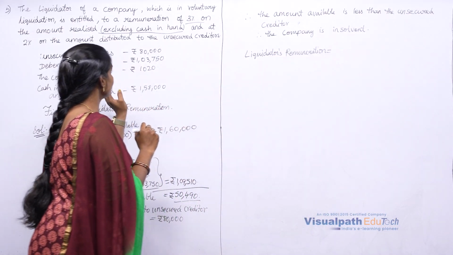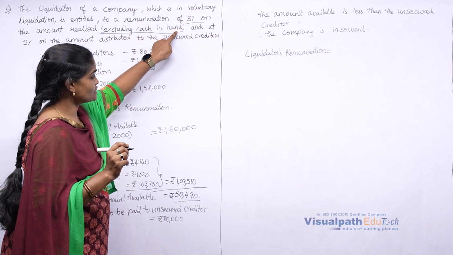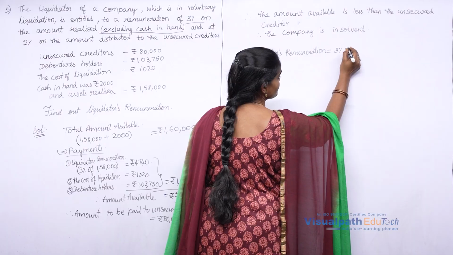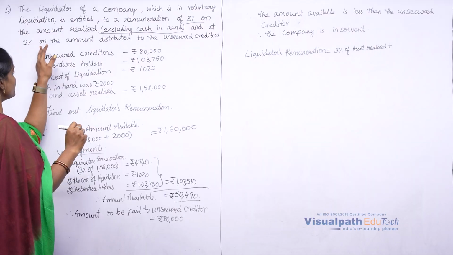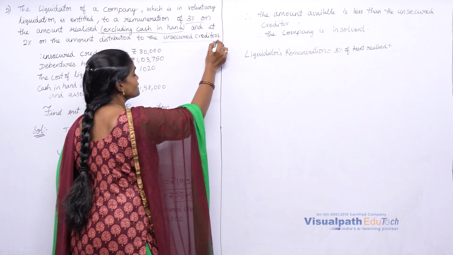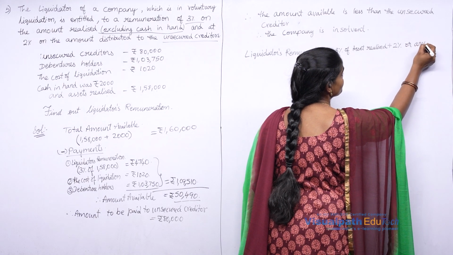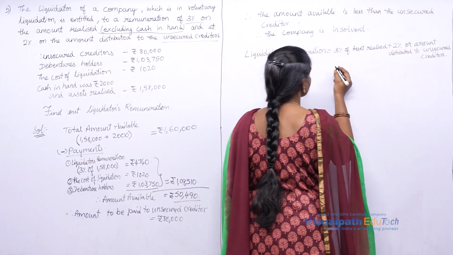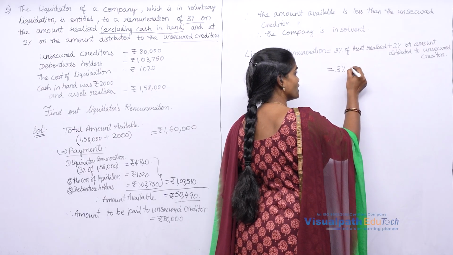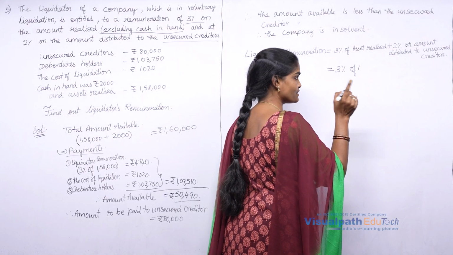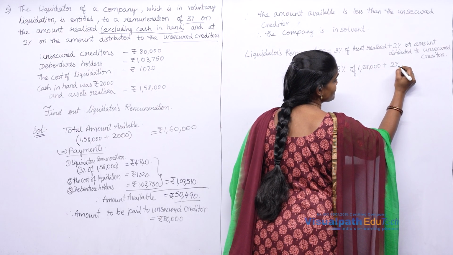As per the question, it is 3% on amount realized, excluding cash in hand, plus 2% on amount distributed to unsecured creditors. How much is the asset realized? 1,58,000, excluding cash in hand.